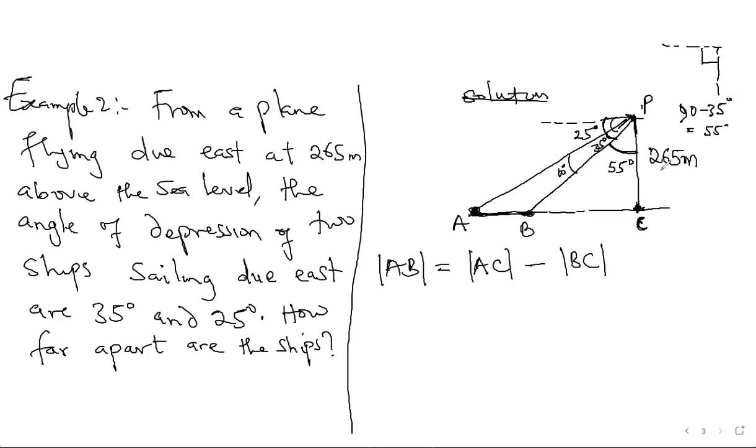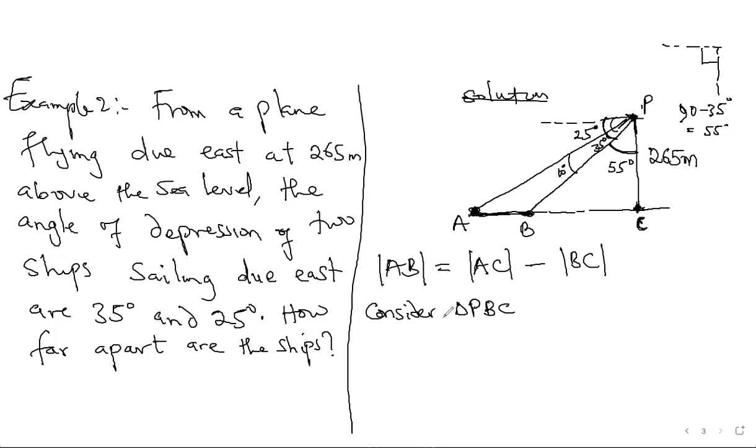So if I know that, because I know the height above the sea level where the plane is, which is 265, I can use that to calculate BC. Now I'm considering triangle PBC. So I'm looking at this triangle here.